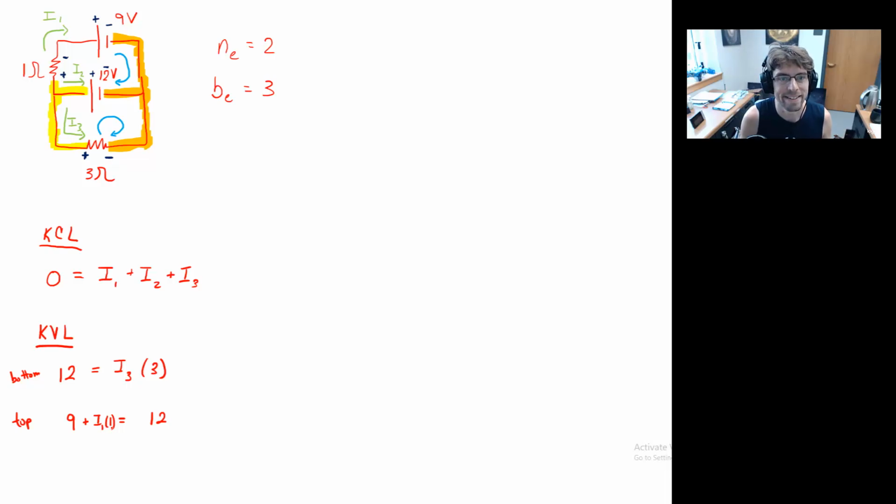Now, of course, you can see the answer. I mean, I3 has to be 4 amps. I1, yeah, you can sub and solve and see pretty quickly what the answers are here. As good practice, I will set up the matrix equation while we're at it.